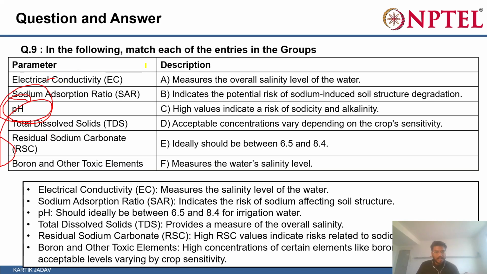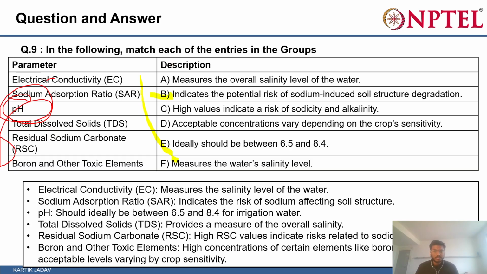Yeah, so electrical conductivity, we know that is a measure of salinity level in water. Then sodium adsorption ratio indicates the risk of sodium affecting the soil structure. So yeah, it is matching this.